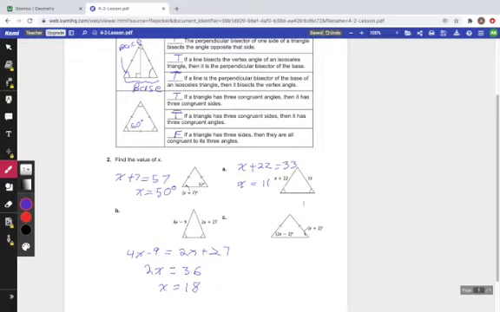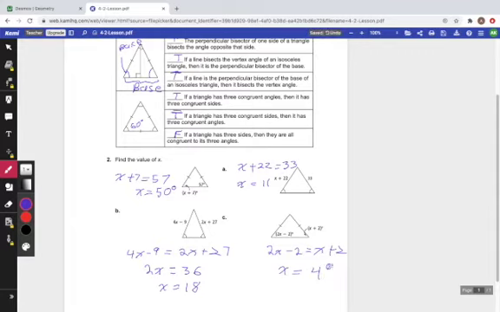And then over here, we have, again, these two sides we're told are congruent. And since we were told the two sides here are congruent, their angles must be congruent. So we have 2x minus 2 equals x plus 2, which means that x must equal 4 degrees.